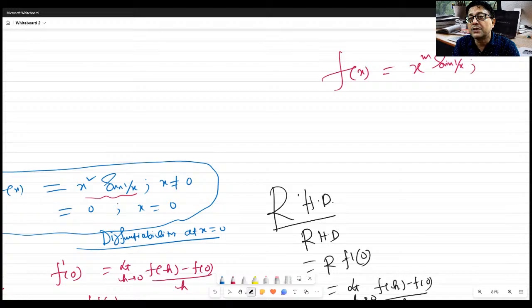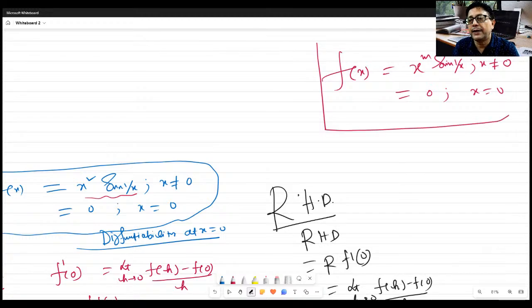This is a very important sum for board as well as for all your entrance examinations, including CBSE, JEE, whatever you say. This function is given like this.